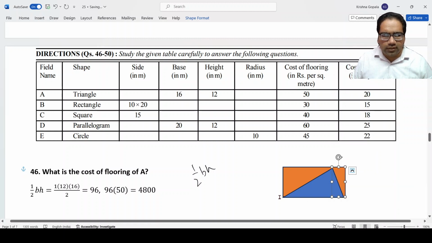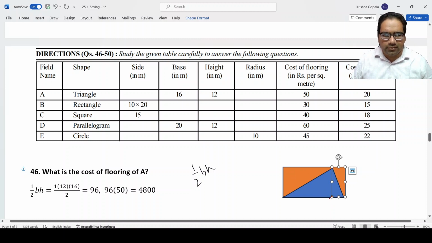Okay, one rectangle like this, another rectangle like this. Okay, the left part of the triangle has an area that is half the area of this rectangle, right? This triangle and this triangle are exactly congruent.